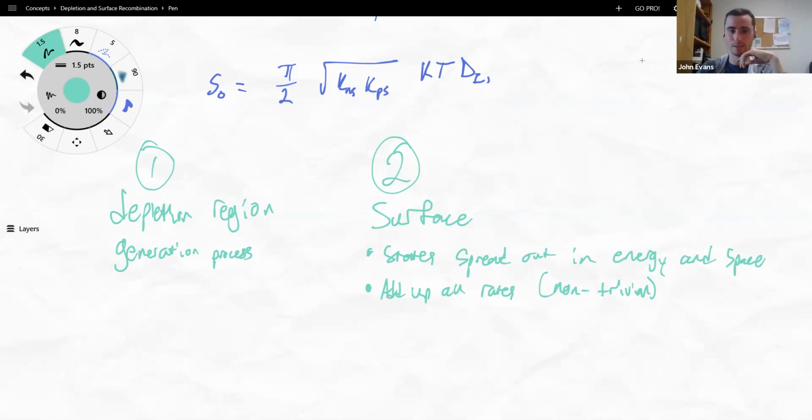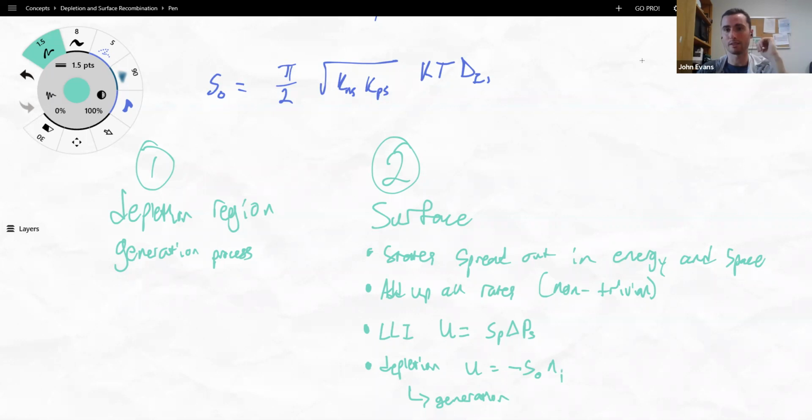But with some simplifications, in low-level injection, everything sort of works out so that U is equal to the surface recombination velocity, I'm going to say S_P, times the change in our surface minority carriers. And in the depletion approximation, U is going to be equal to minus, it's a generation process, right? Generation, S sub naught times N sub I, our intrinsic carrier concentration.